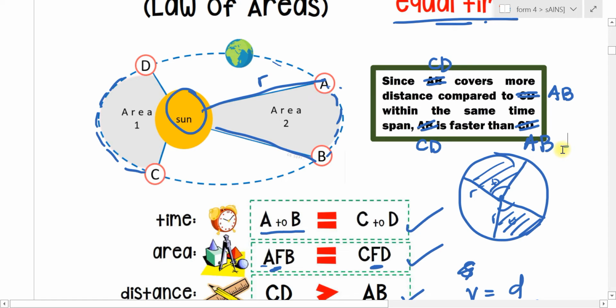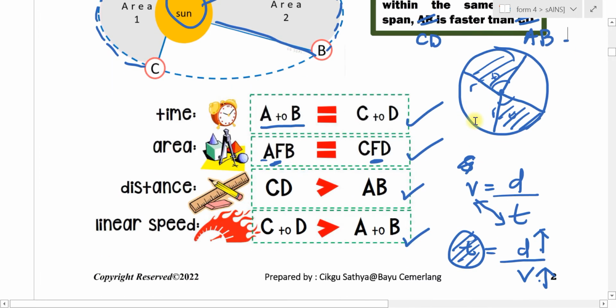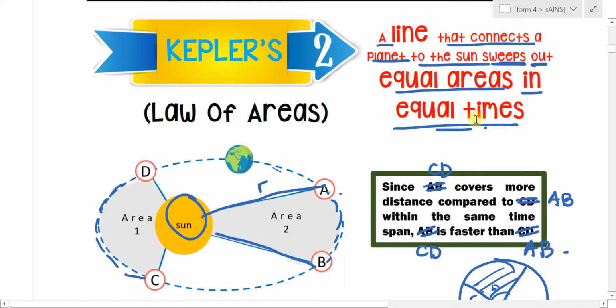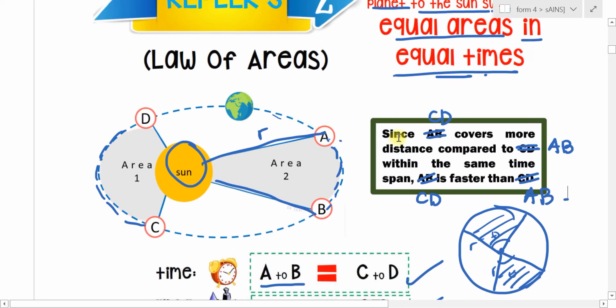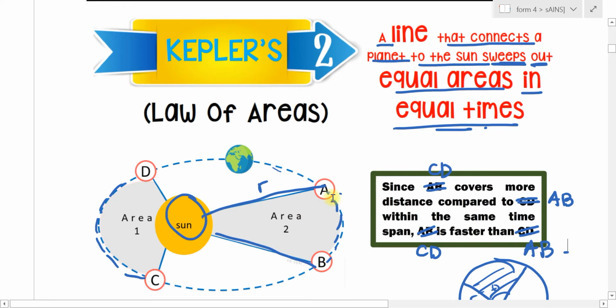Okay, sekarang kita dah faham apa itu. Kita tengok balik: a line that connects a planet to the sun sweeps out equal area in equal time. Maksudnya, the line that connects the planet to the sun, when you have something like a curve ABC, both must have equal area and equal time.